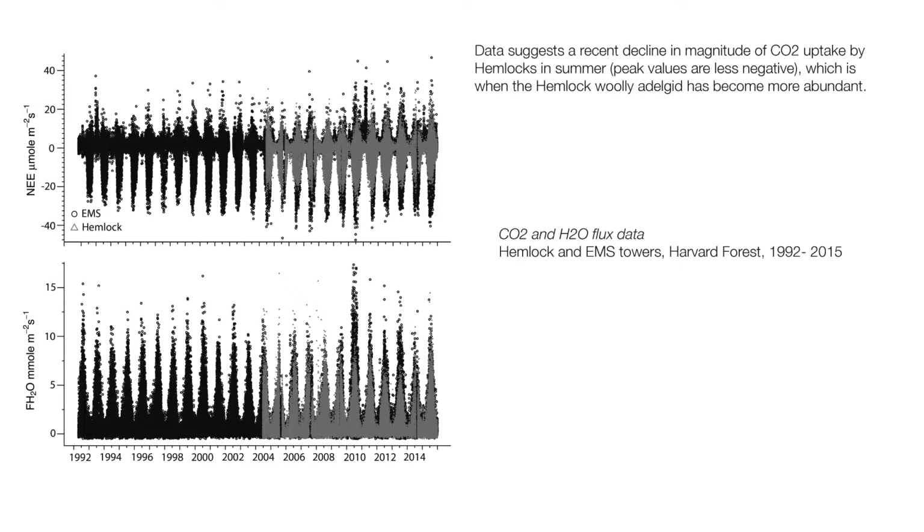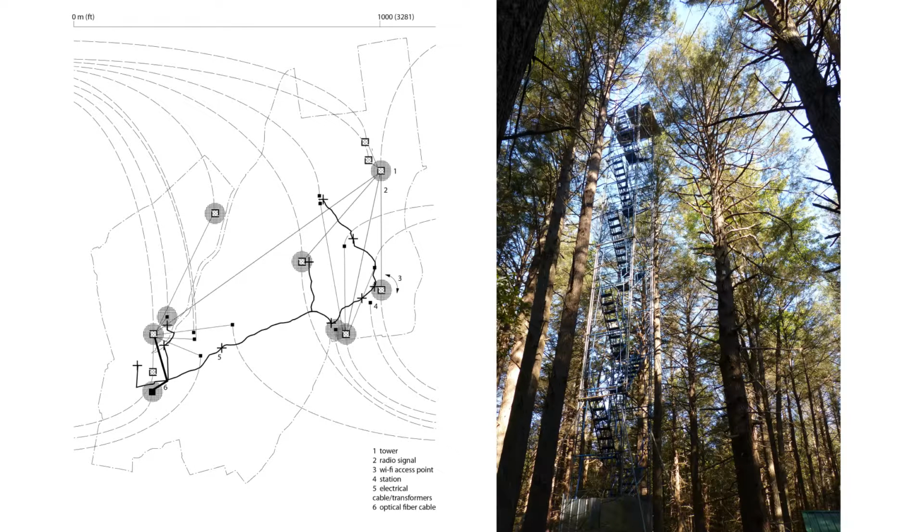It's interesting to see these changes, whether it's the result of something like climate change or the arrival of a pest. The great thing is that Harvard Forest has been recording these types of things in detail for 20 years now. And so what I would argue about this layer of urbanism is that it's soft and that it functions at the territorial scale.